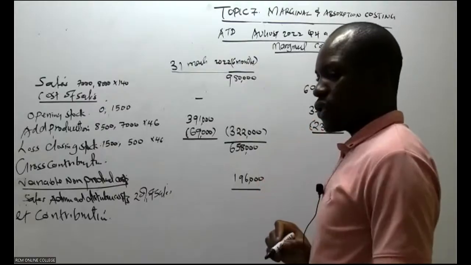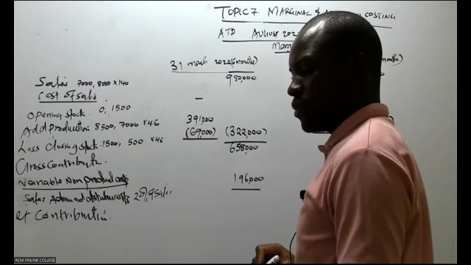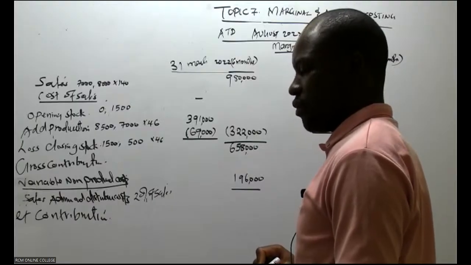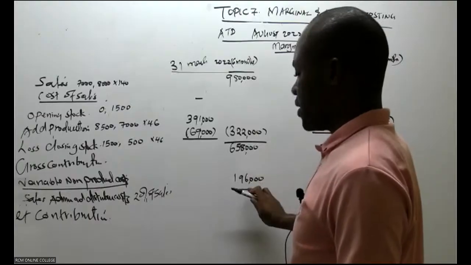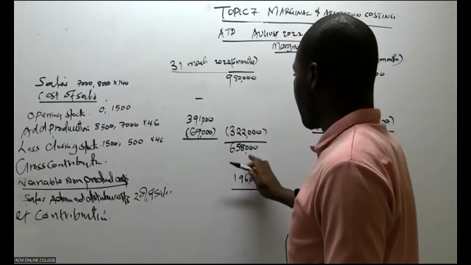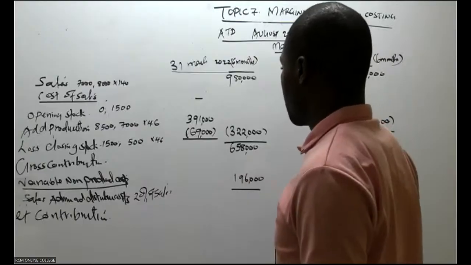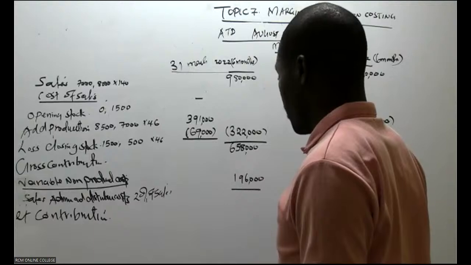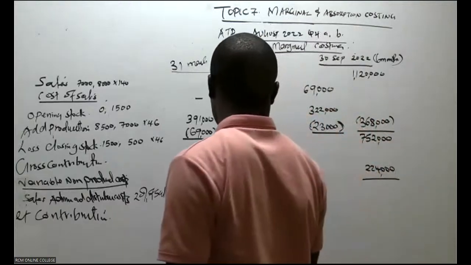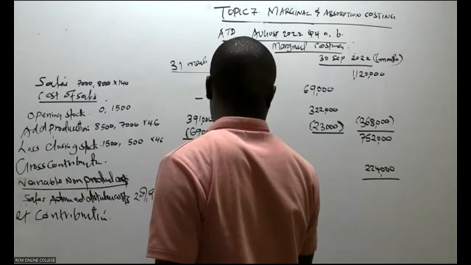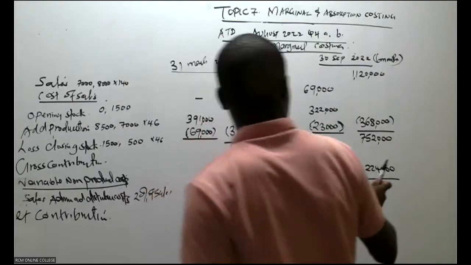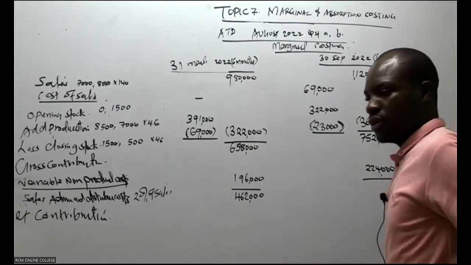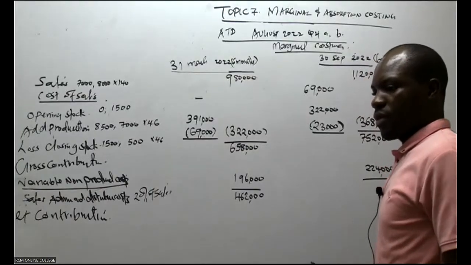This minus this, the first one. Is it 212 or something? Okay, 462,000. How about this? Net contribution, 528.